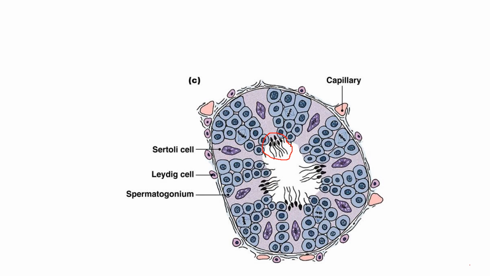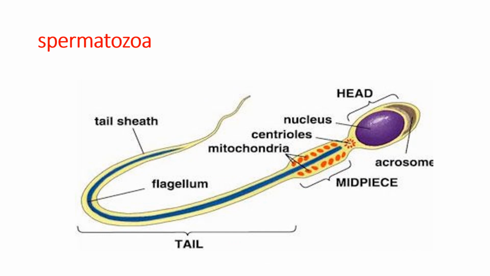When maturity occurs, it is freed from the seminiferous tubules and then enters into the epididymis. Up to this we have seen the whole stages of spermatogenesis. Here we can see the mature spermatozoa.